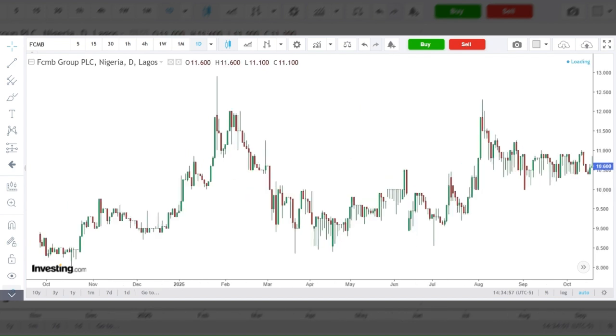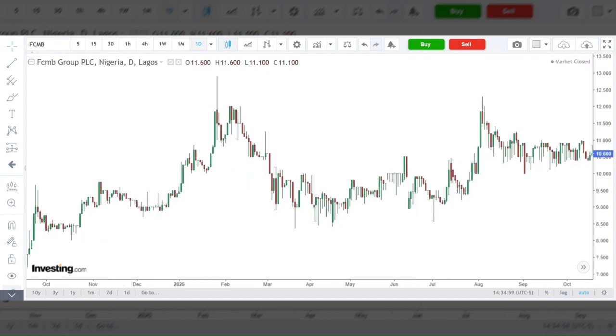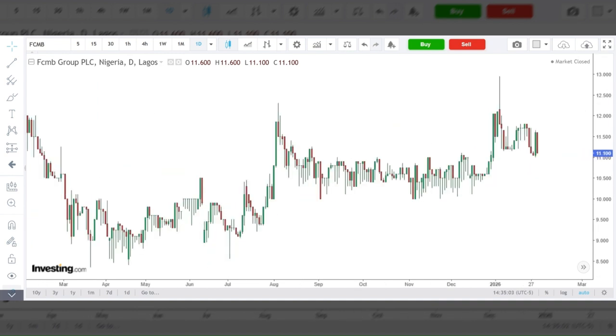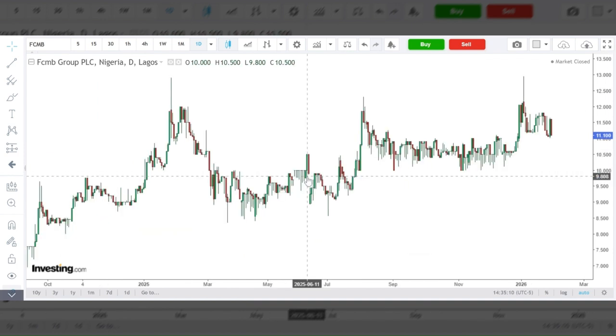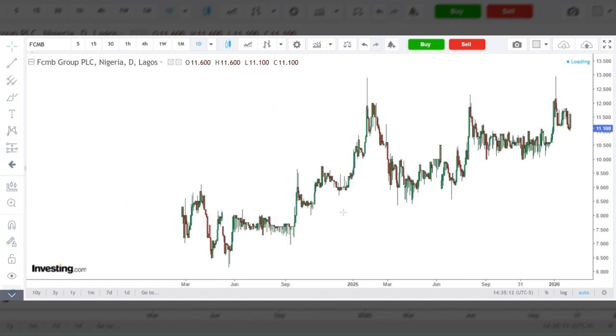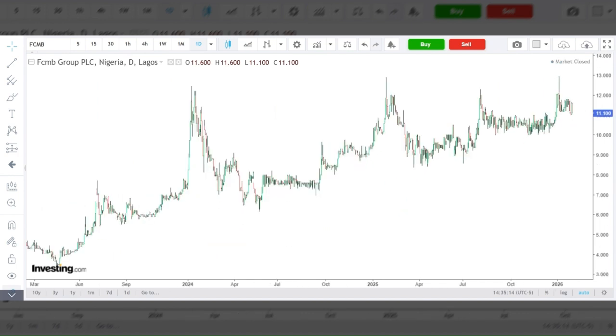So when you meet a stock like this that has so much spike and so many candlestick patterns, what do you do? For me, first of all, I will zoom in and zoom out to look at the overall movement of the stock. As you can see, it's not really an uptrend because it's not smoothly going up.